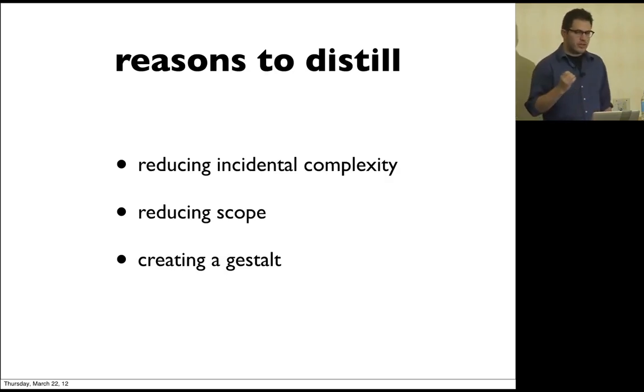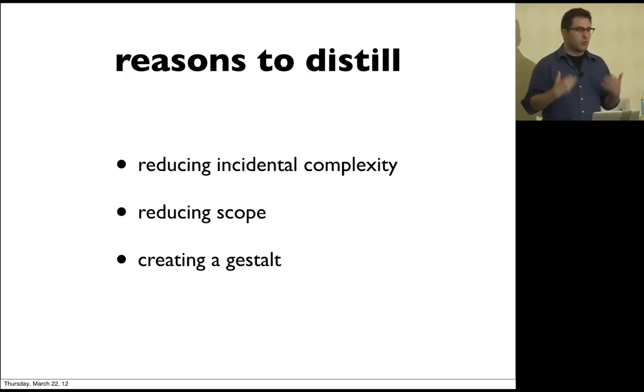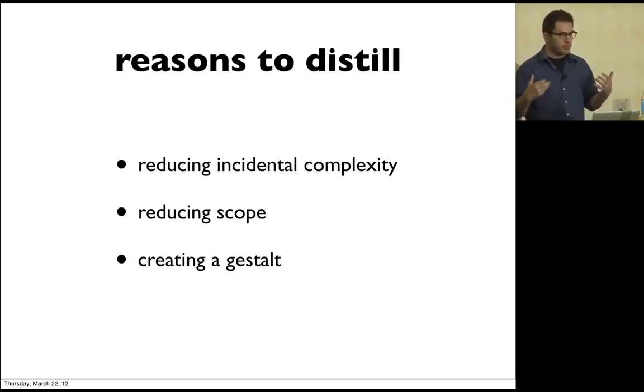And so the reasons that you should add code are if you feel that there's a lot of incidental complexity, that you don't need all the features, or that you're trying to create something which is a gestalt, something which is more than the sum of its parts. You're trying to bring a bunch of disparate libraries together and turn them into a coherent whole.